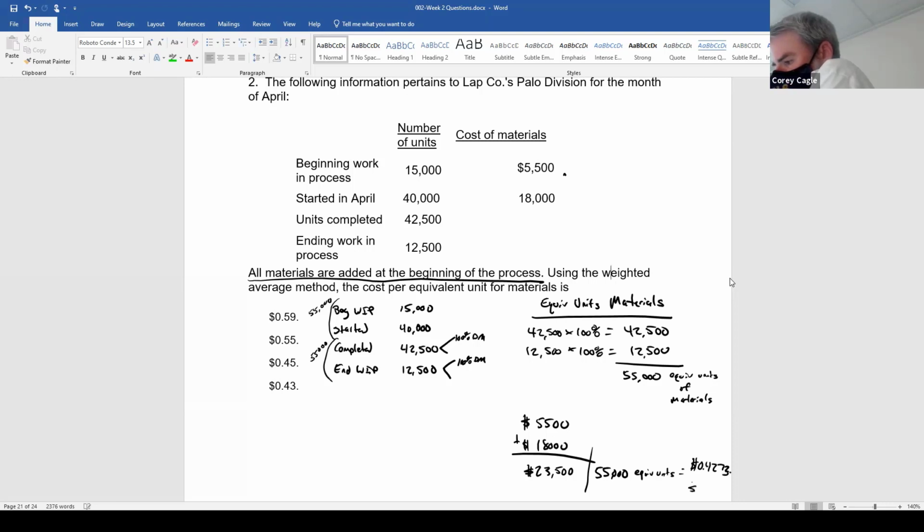But that does round to 0.43, which is D. Really good example of a process costing question. Questions on it? Quiet bunch tonight.